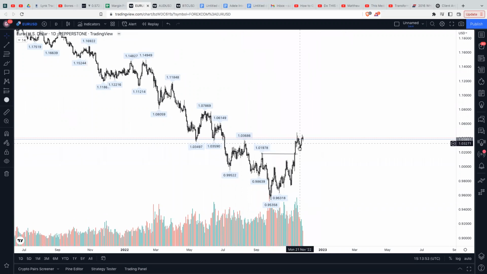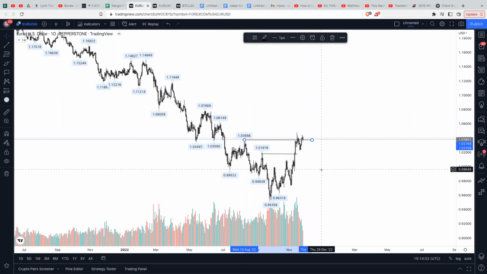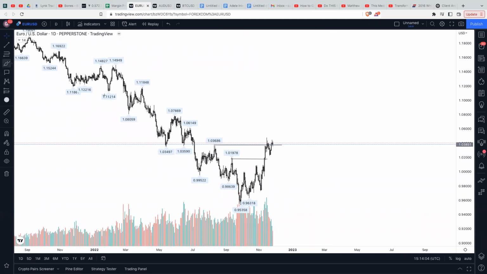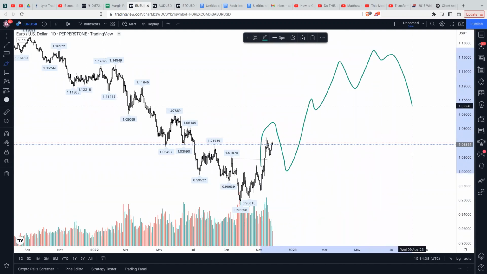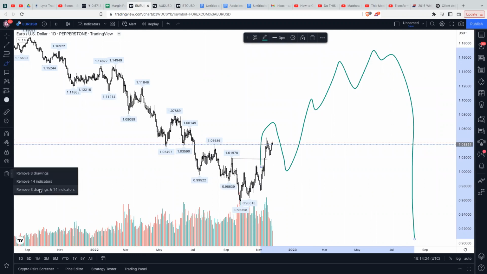A high has been broken with a full body candle, and if this continues, it's sort of confirming more and more that the trend has changed a little bit, so we can expect some of this and then maybe return that in the longer term. So at the minute we are bullish on Euro, but we've got to be mindful of which other zones we are in, which we may see reactions from, which comes into actually learning what you're doing.